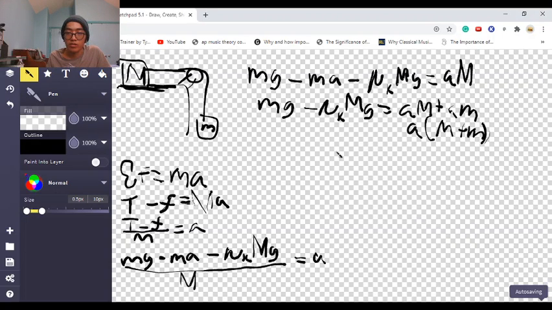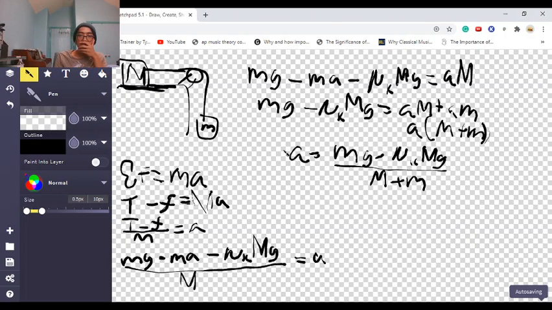And what you get here is that the acceleration of this big M, the mass of capital M, is mg minus mu, our kinetic coefficient of friction, times big M, g, over m plus M.